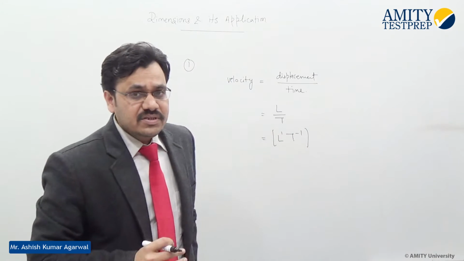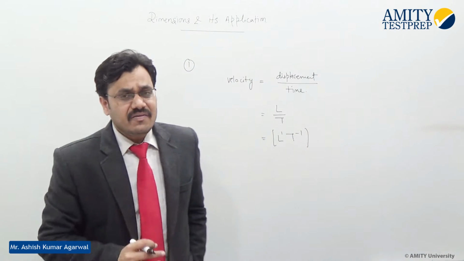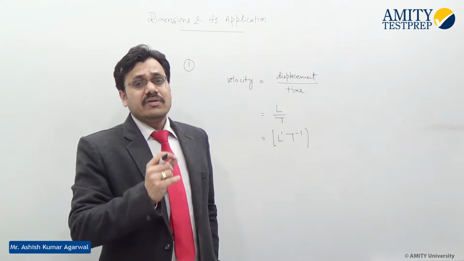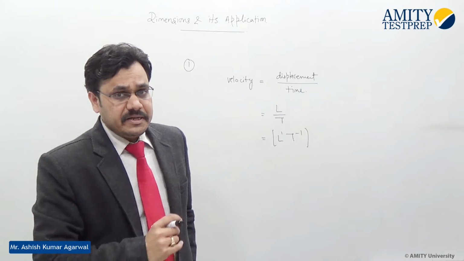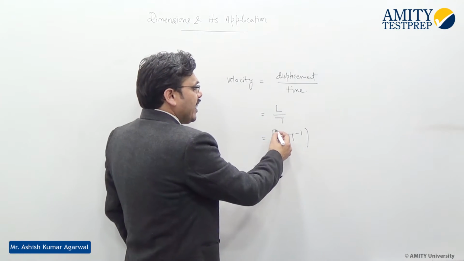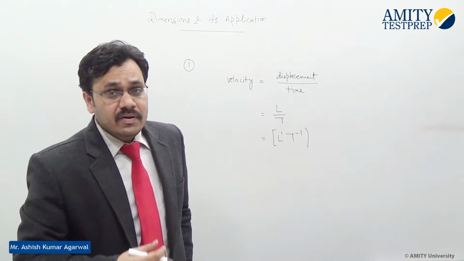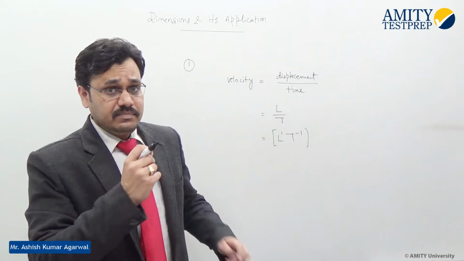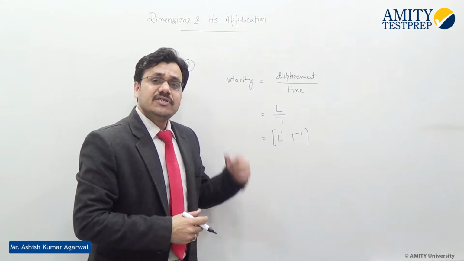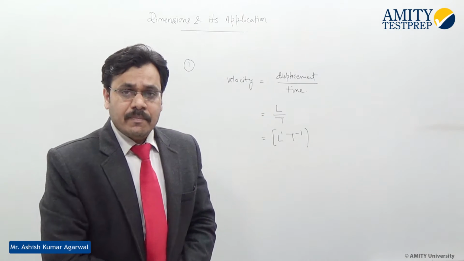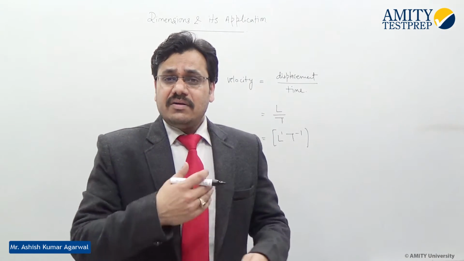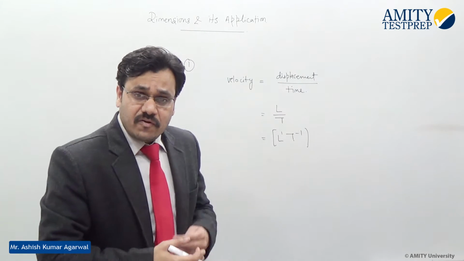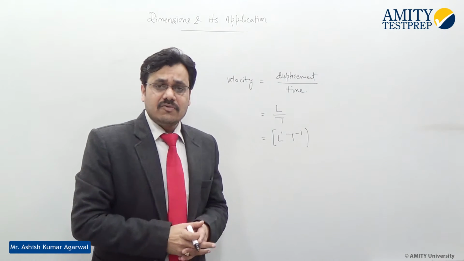Here you can see we raised the power of 1 on L and minus 1 on T. So this LT^-1 represents the dimension formula for velocity.